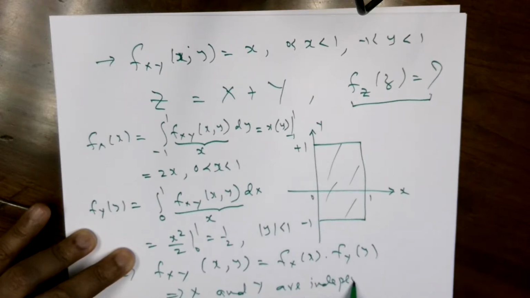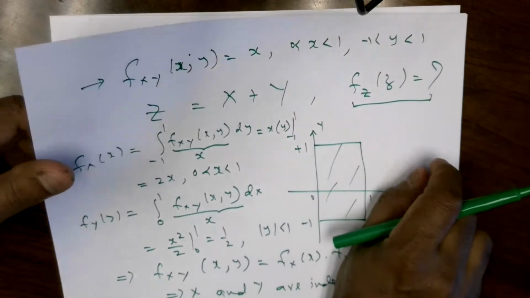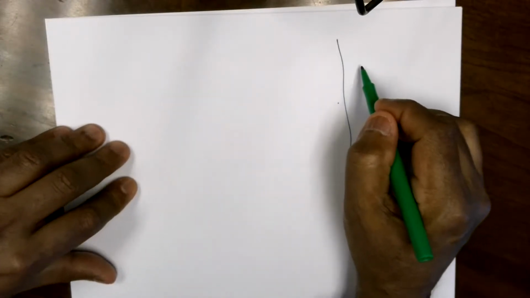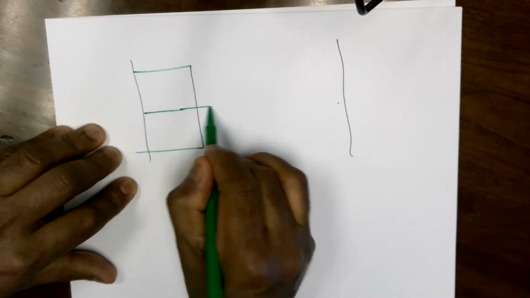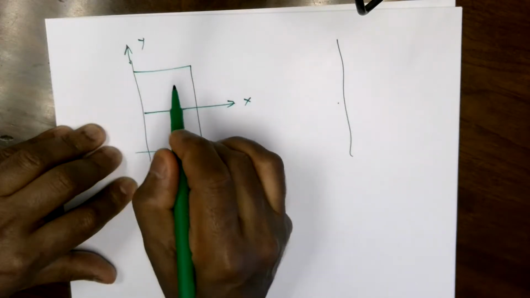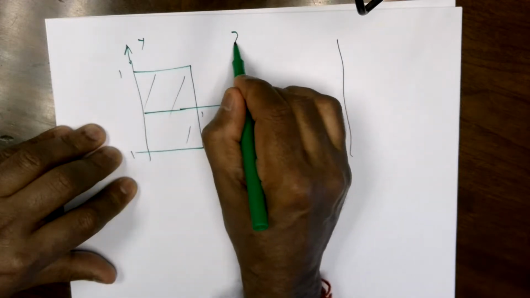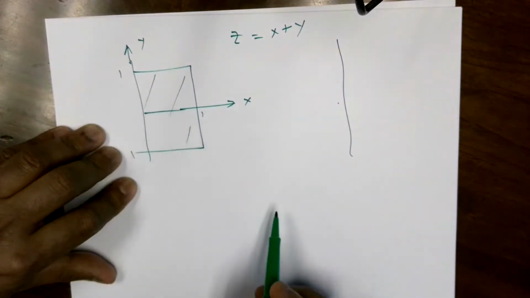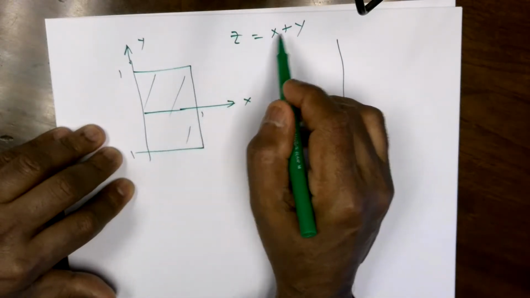The question is, how do we find the density function of z? So once again, if I plot the region where the density function is non-zero, as we have seen, that's what is given to us. And z equal to x plus y is a line that passes this way, because when x is 0, y is z.